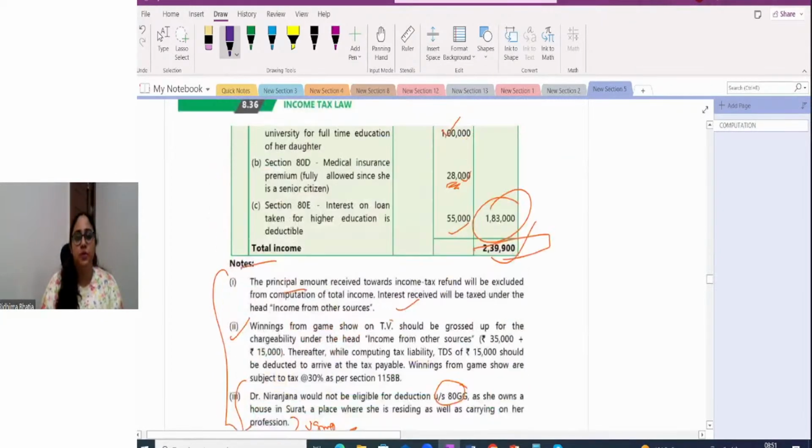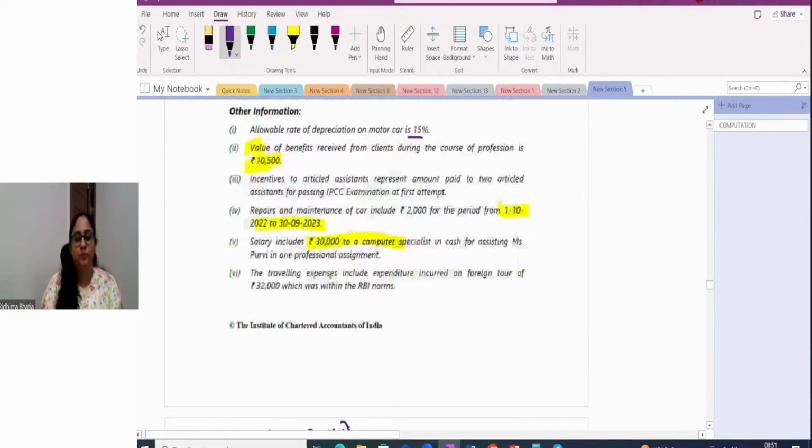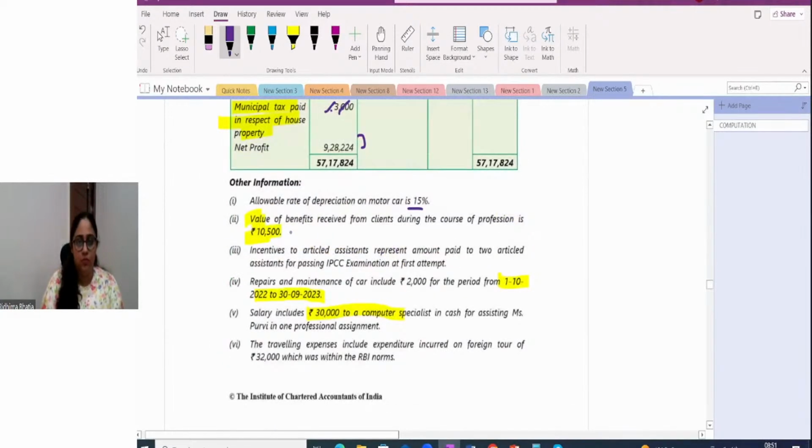Let's take the adjustments now. स्टेप बाय स्टेप चलते हैं. अलाउबल रेट ऑफ डेप्रिसिएशन ऑफ मोटर कार इज 15%. मोटर कार को हमने एड बैक करा, बट उसका डेप्रिसिएशन एट द सेम टाइम हैज टू बी रिड्यूस 15% ऑफ हाउ मच, 80,000. क्विकली गाइस, साथ साथ 12,000, राइट?